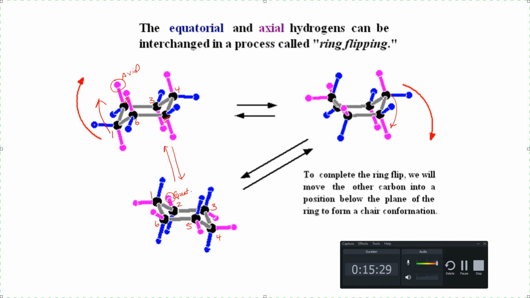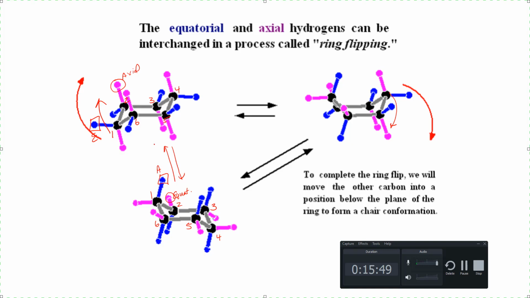So if we looked at this blue position right here, attached to carbon 1, that is this position here, it went from being equatorial to being axial, but it is still the position that is above the plane of the ring in both of those chair conformations.